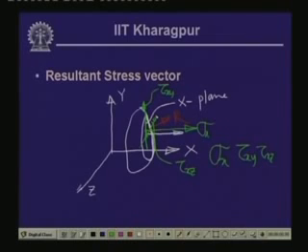Likewise, if we cut this body with a plane parallel to the x z plane, then on a particular point we can get 3 components of the stresses: sigma y, tau on the y plane in the x direction, tau y x, and the shearing stress on the y plane in the z direction, tau y z.